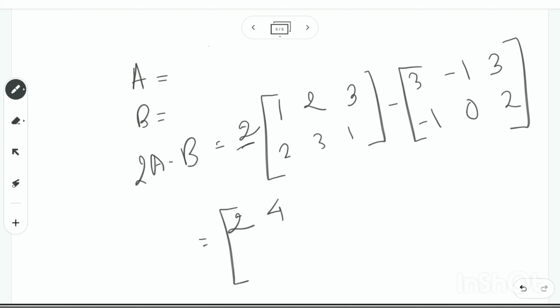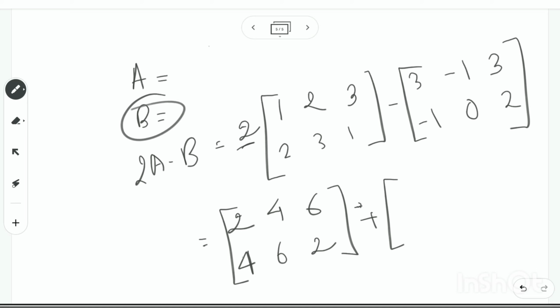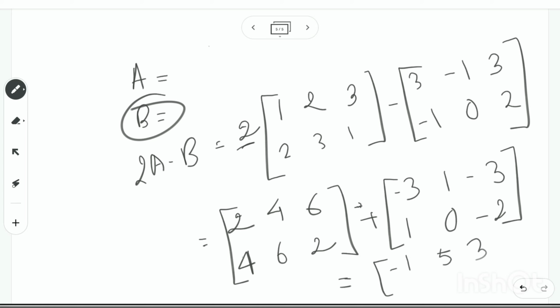So 2 4 and 6, then 4 6 and 2, plus, you can take the minus here, or you can multiply the minus with the B matrix. So minus 3 plus 1 minus 3 and 1 0 and minus 2. So here's the result: minus 1 5 3, then 5 6 and 0.